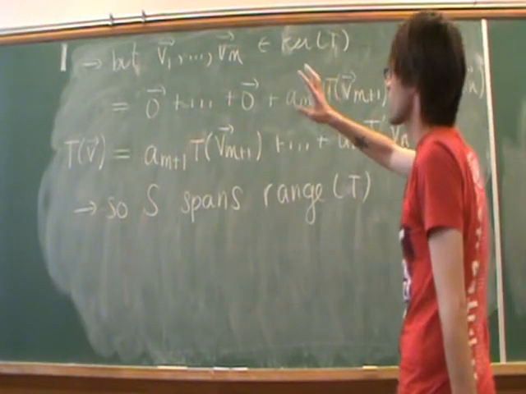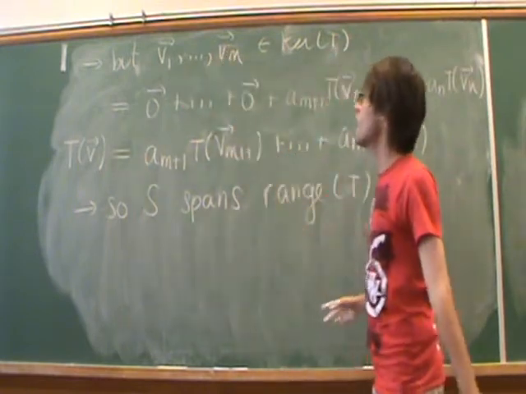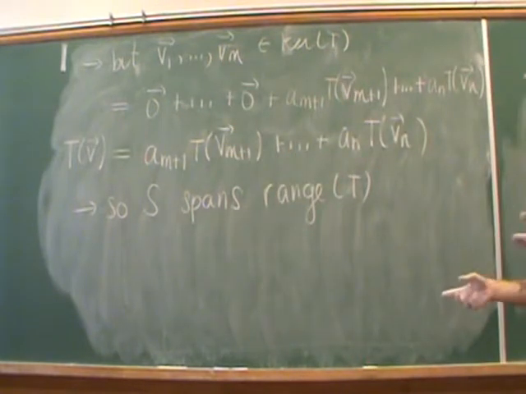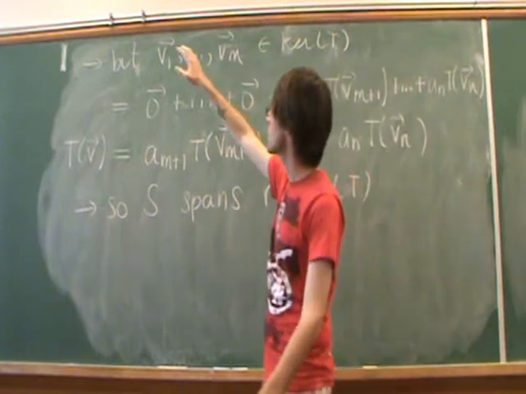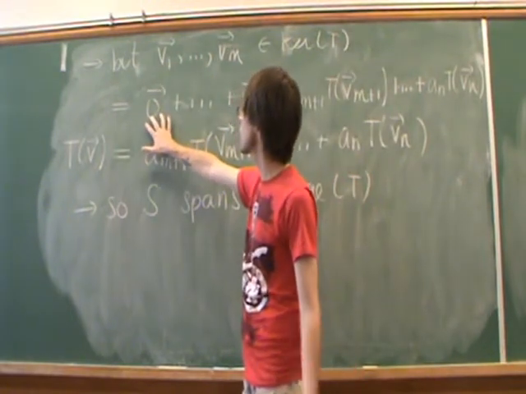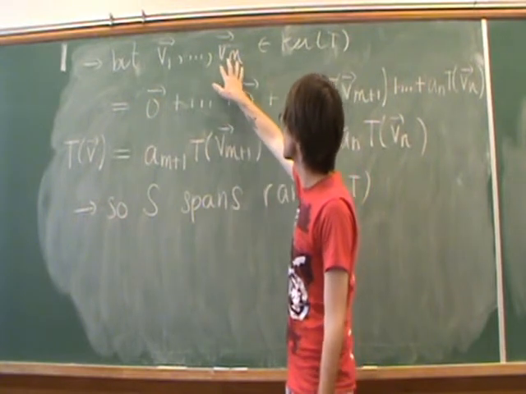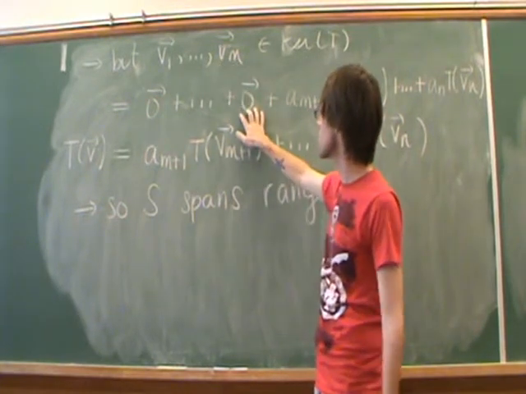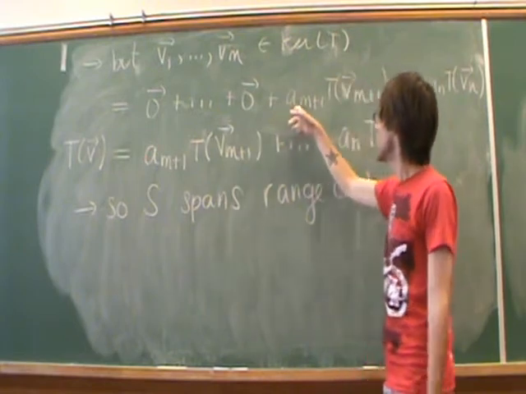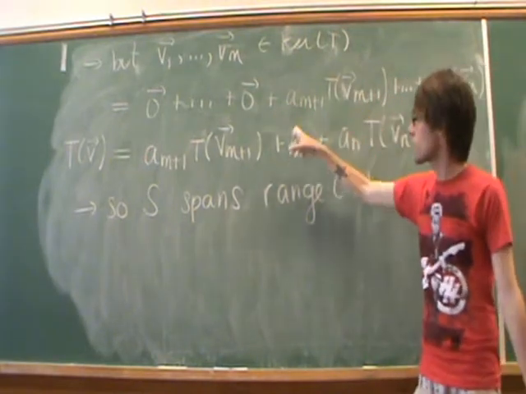Remember that these vectors v_1 all the way up to v_m are inside the kernel of T. So when we evaluate T(v_1), we know that's equal to the 0 vector. And we do this for all of the vectors all the way up to v_m. We know T(v_m) is equal to the 0 vector of W. So that leaves us with only these vectors remaining.